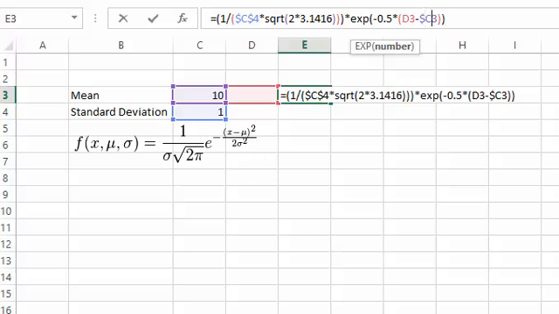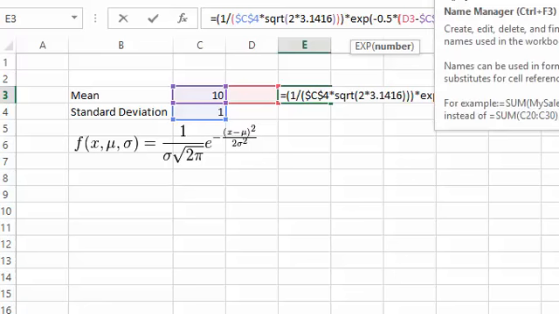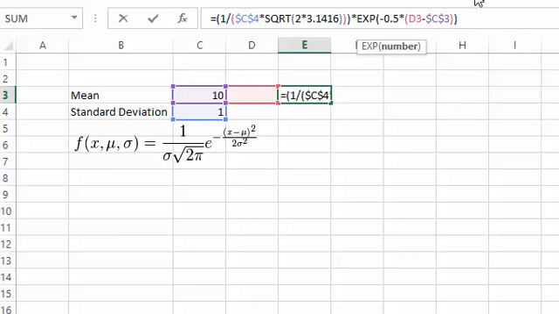So put a dollar sign, and that thing is supposed to be divided by the sigma, which is the standard deviation. So it's this guy again, with the dollar sign and the dollar sign, and you can see that that entire thing is squared.